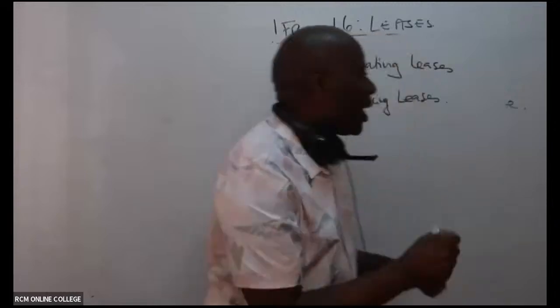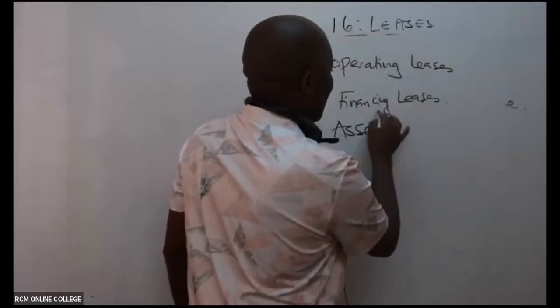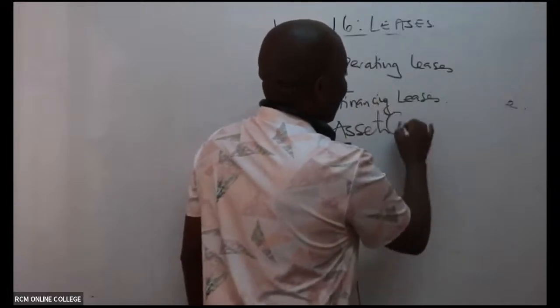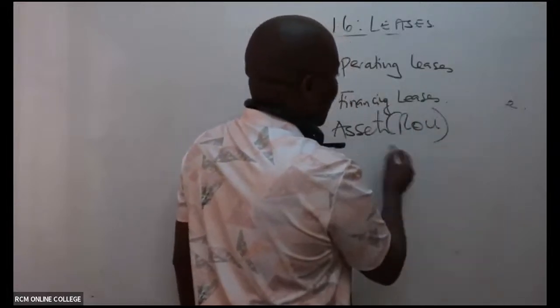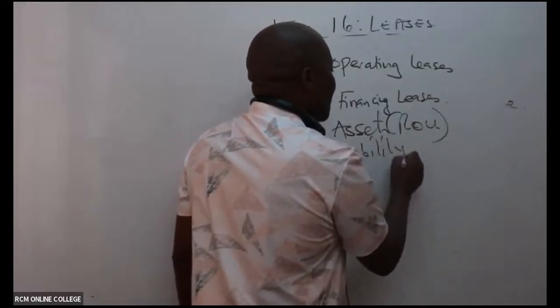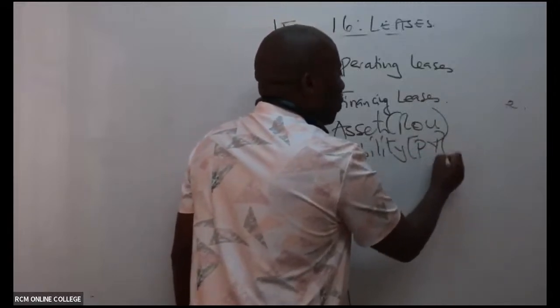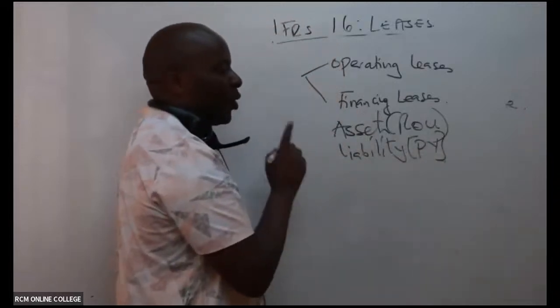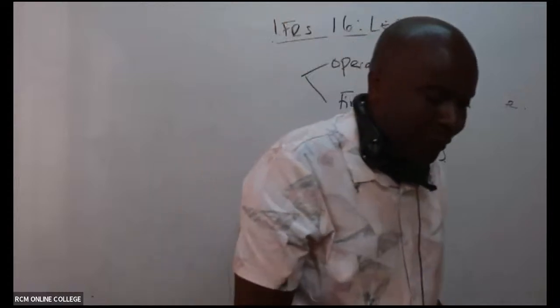So two things: once I sign the lease, number 1, I'll be booking an asset under the name ROU, right of use, and number 2, I'll be booking a liability, and as we shall be seeing, we shall be booking what we call present value of lease liability. Present value of lease liability, very, very important.